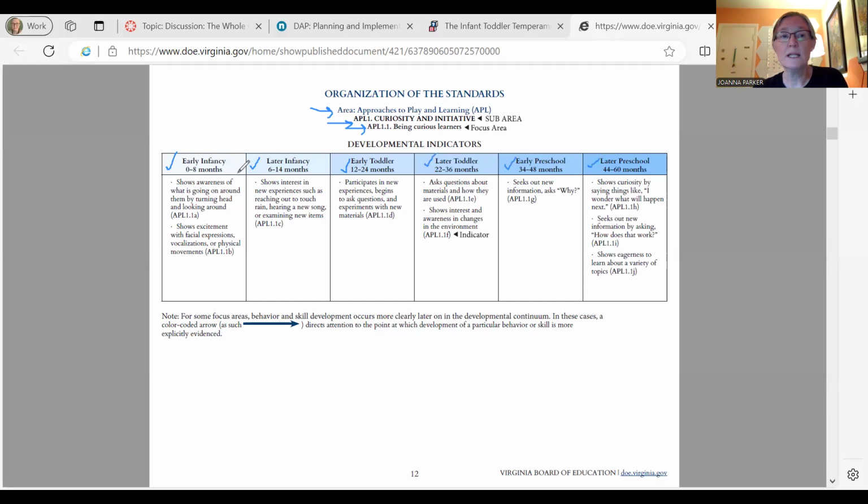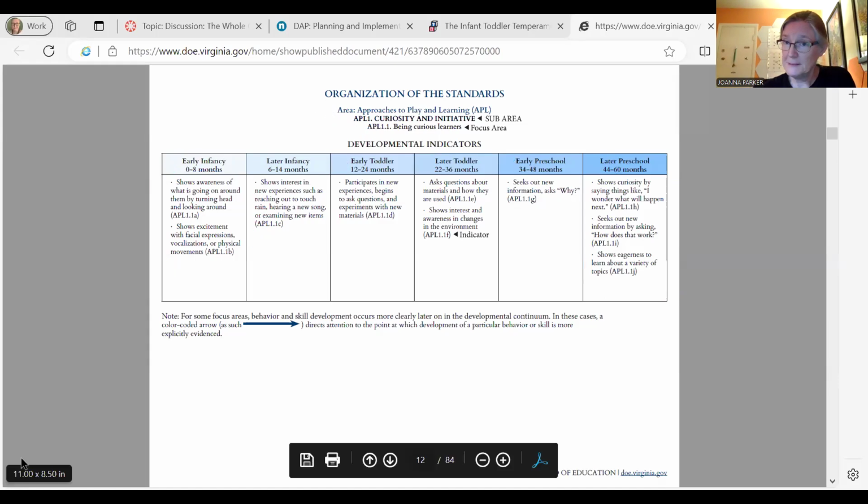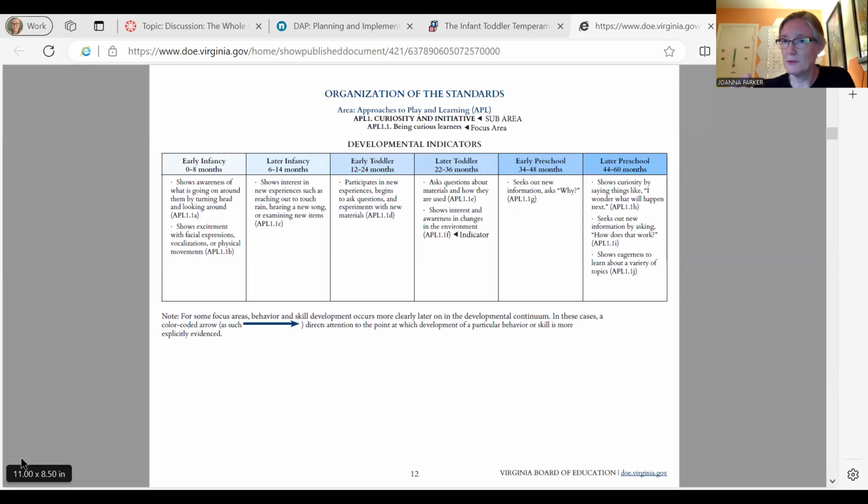And so you can read these descriptions and you'll see a big difference between what curiosity looks like for our young infants in the first 8 months of life versus our older preschoolers who are 4 to 5 years of age, right? And so again, our early learning standards are just giving us information about children's development and what that looks like and what children should know and be able to do.